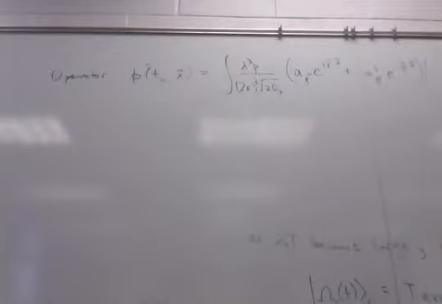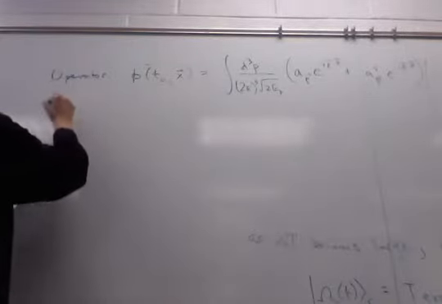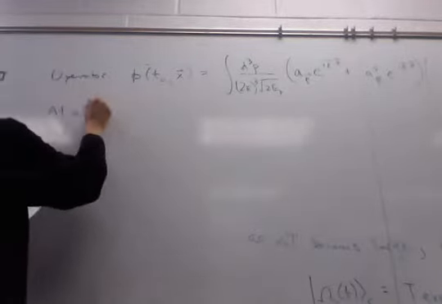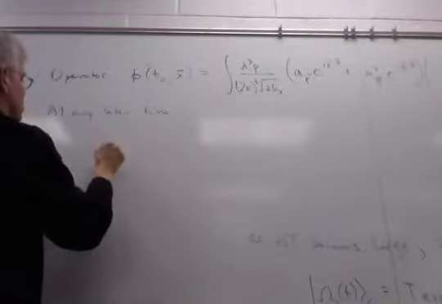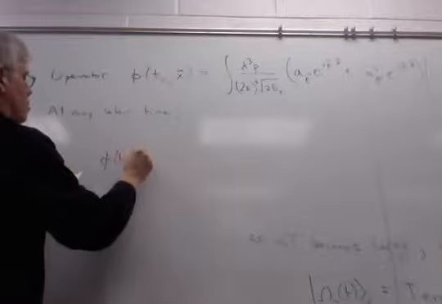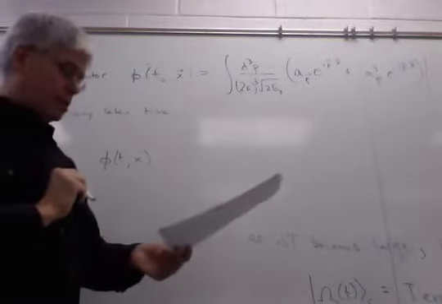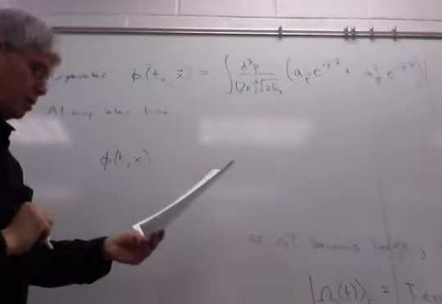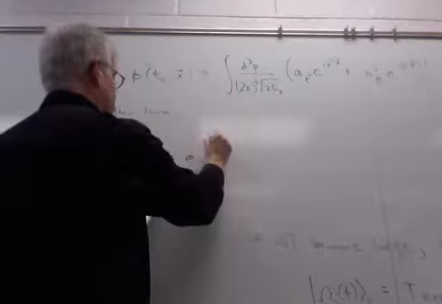So just like we evolved the vacuum in the distant past up to a finite time, we can evolve this operator to any time. So at any later time, phi of t will be given by taking this free field and evolving it the way we evolve operators.